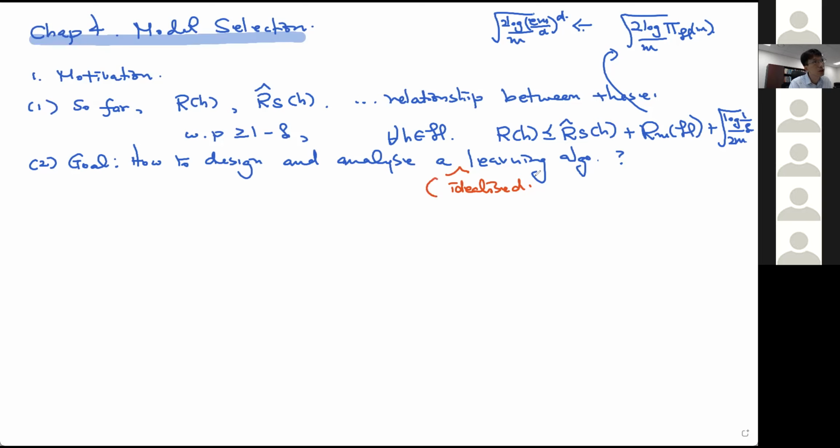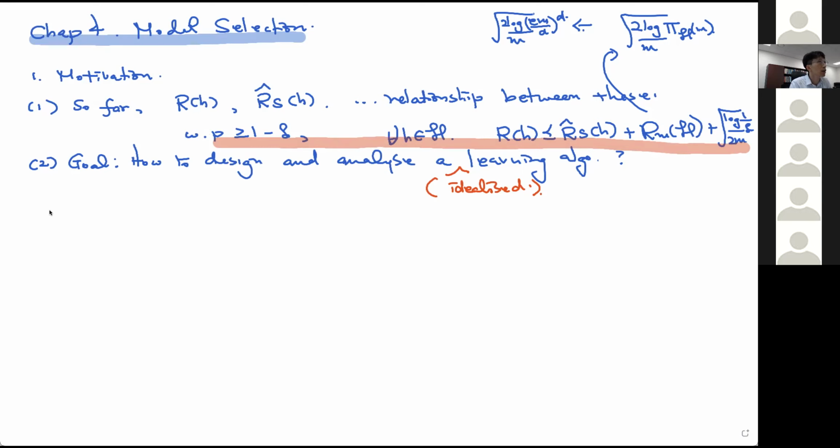So idealized learning algorithms are what we're gonna look at, and we will analyze these algorithms, okay? And in particular, we're gonna use some of the results that we studied before, especially this uniform bound result, which involves Rademacher complexity. That will appear and play an important role in the discussion of this chapter. Okay.